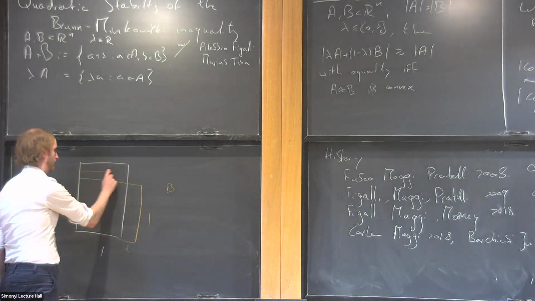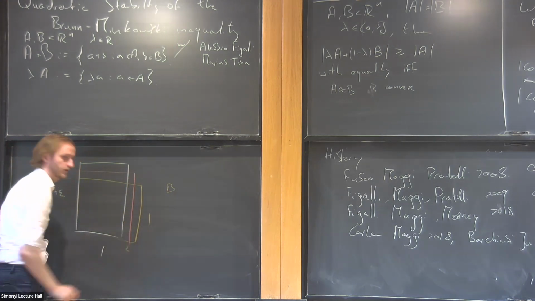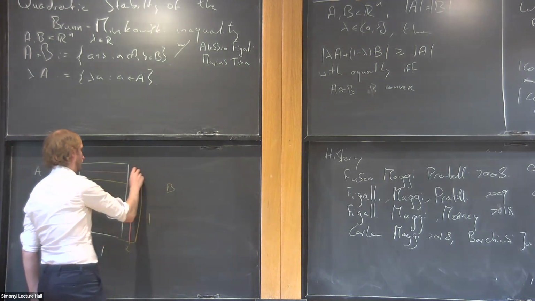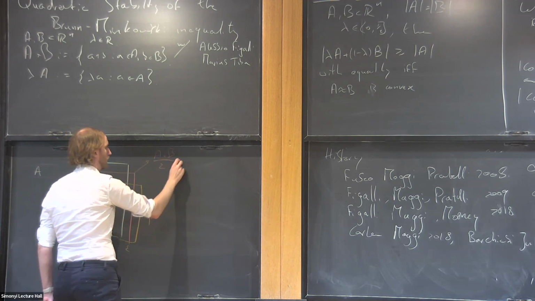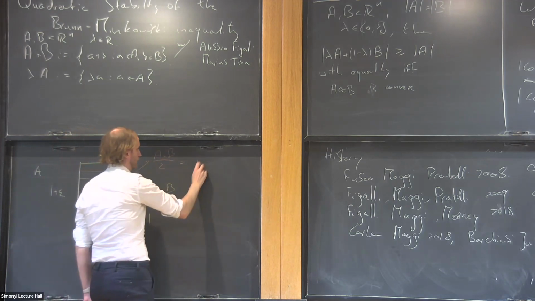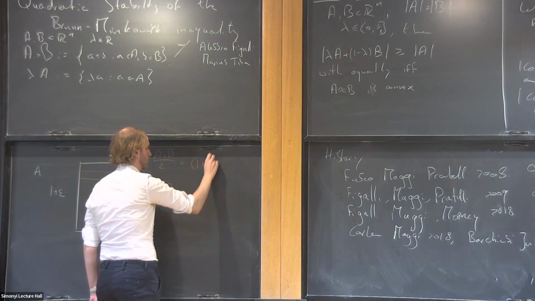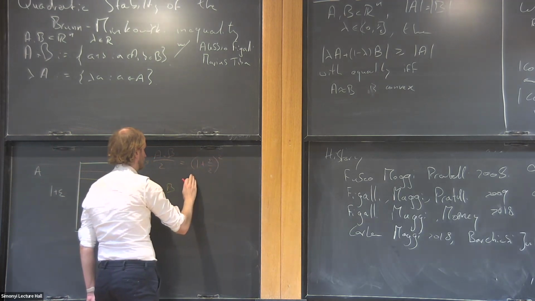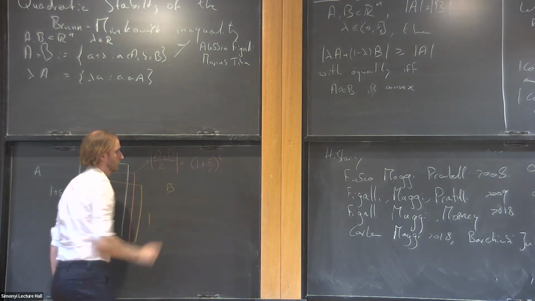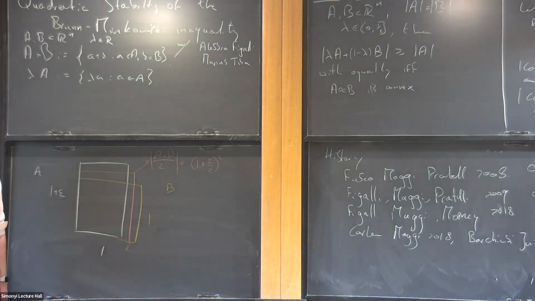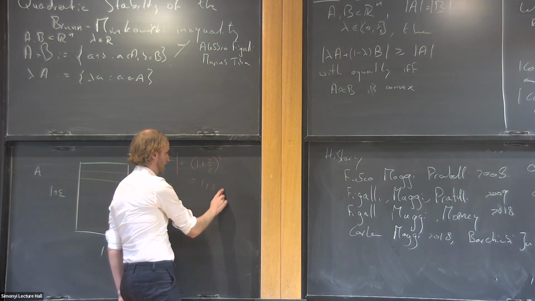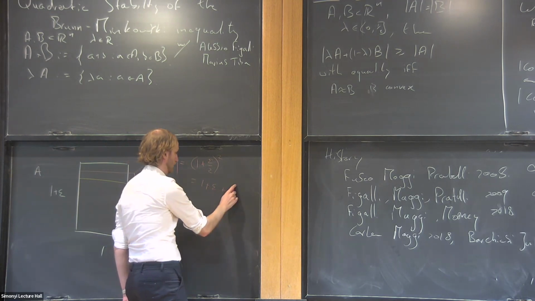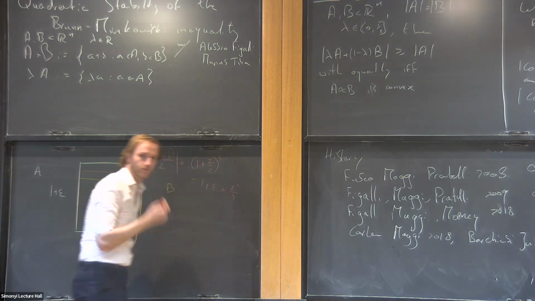It's going to be a square of size (1 plus epsilon over 2) squared, which you might notice is 1 plus epsilon plus epsilon squared over 4.